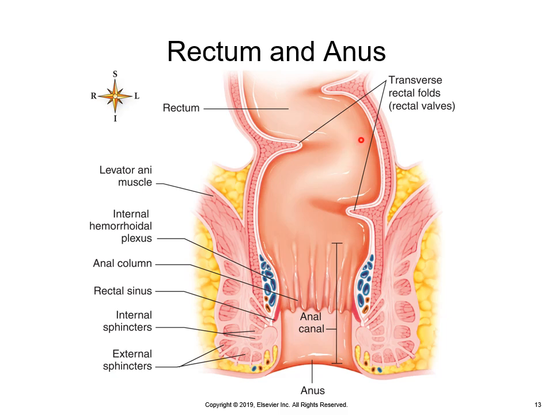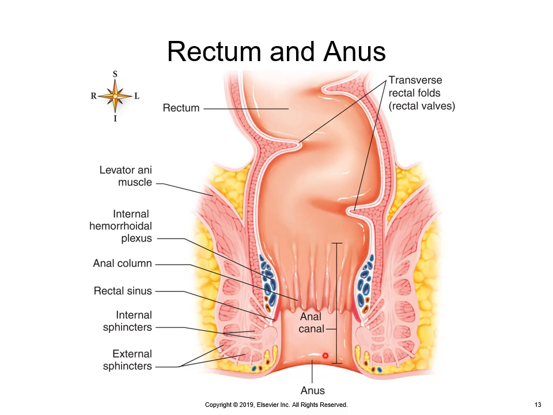It does contain what we call transverse rectal folds or rectal valves that help support the stool, and also the passage of the stool into the anal canal. All right, the anal canal, which is right here, is the last 2 to 4 centimeters of the digestive tract that leads to the anus.